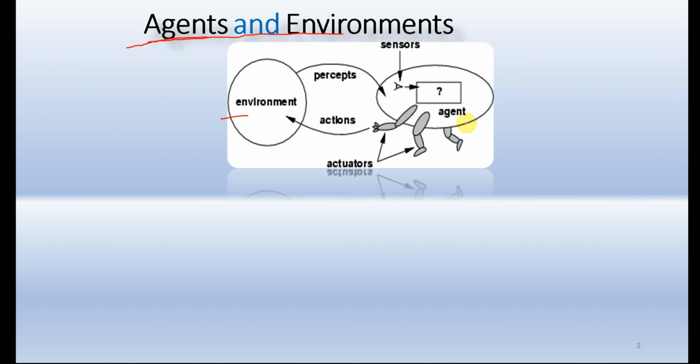This agent, as we mentioned on the previous slide, perceives the environment and acts upon the environment with sensor and actuator respectively. So any agent has two basic components: a sensor to perceive the environment, and an actuator to take an action upon the environment after it perceives or understands it.